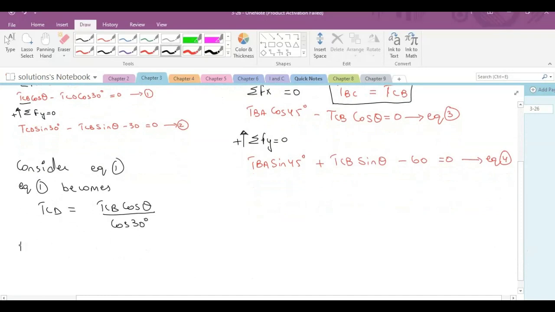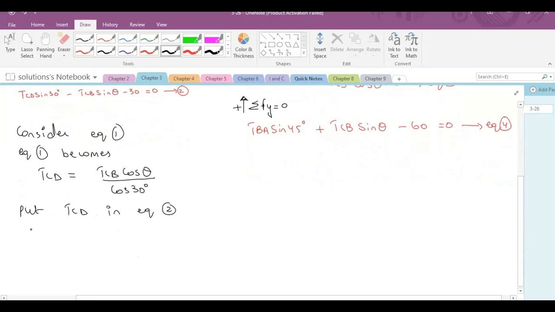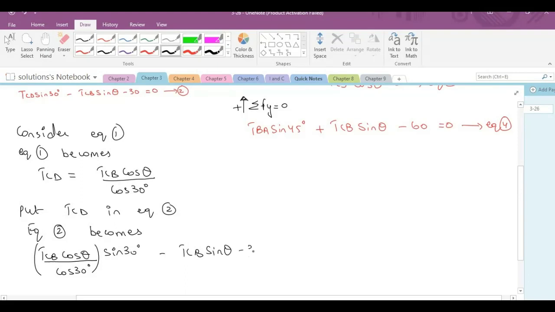And I'm going to put TCD in equation 2, this equation right here. So equation 2 becomes TCB cos theta over cos 30 multiplied by sin 30, minus TCB sin theta minus 30 equals 0.